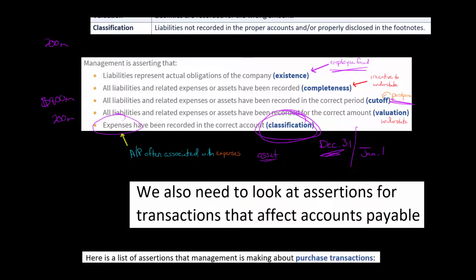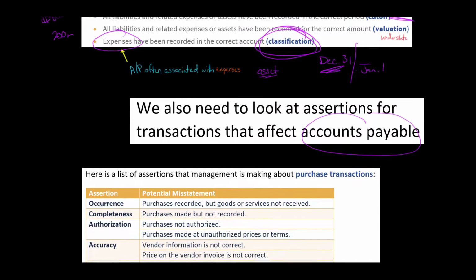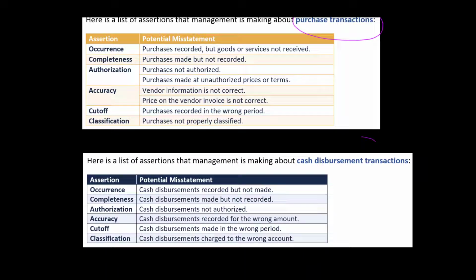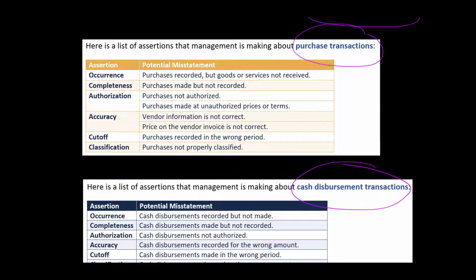Now, we also need to look at assertions, not just, so those were assertions for accounts payable, but then remember I said there are important transactions that affect accounts payable. I talked about purchase transactions, and then I talked about cash disbursement transactions, okay? So for example, I won't go through all of these, but with purchase transactions, management is asserting that this purchase actually occurred.